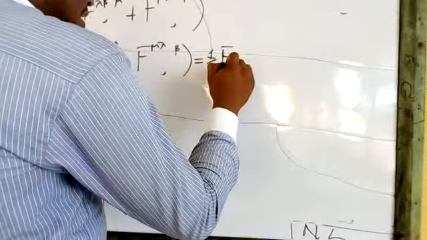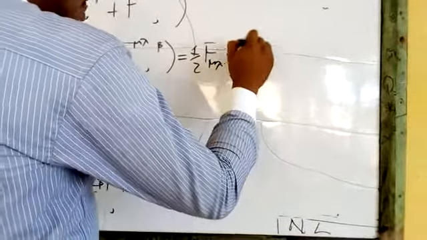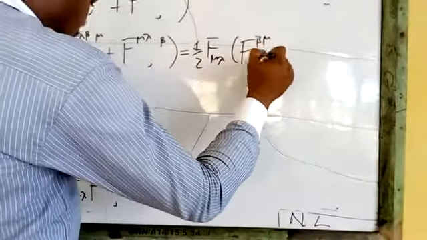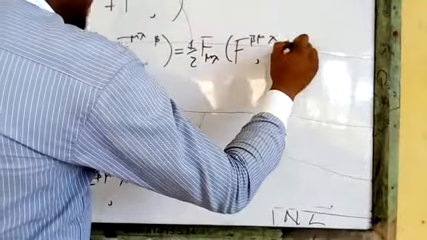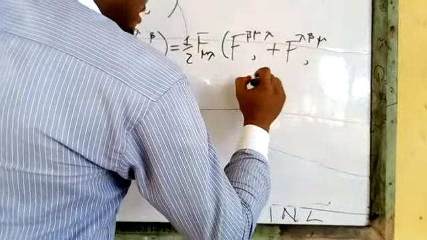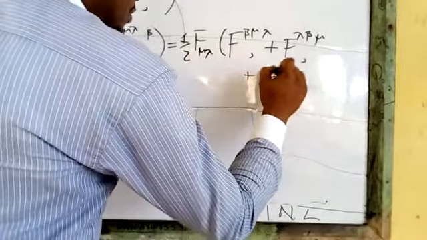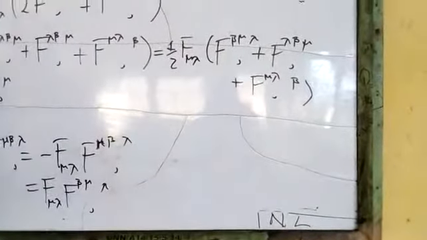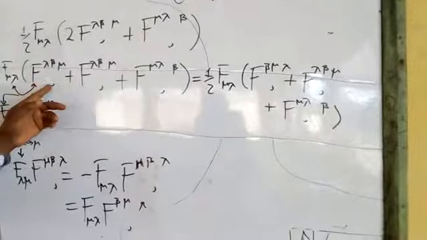So I'm simply going to write this again outside, F mu lambda, and then what I'm going to have inside for the first term becomes F beta mu, comma, lambda plus F lambda beta, comma, mu, and then again let me say plus here, F mu lambda, comma, beta. So you can see that I've been able to write this.